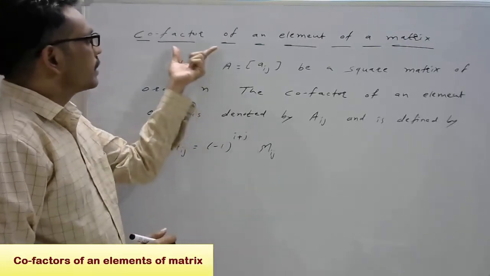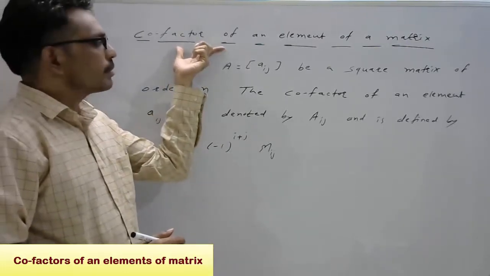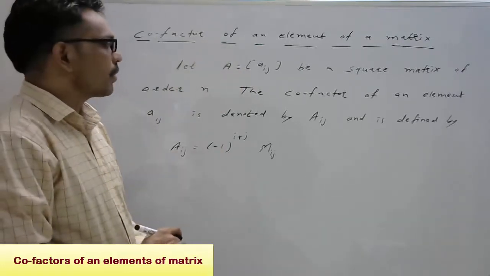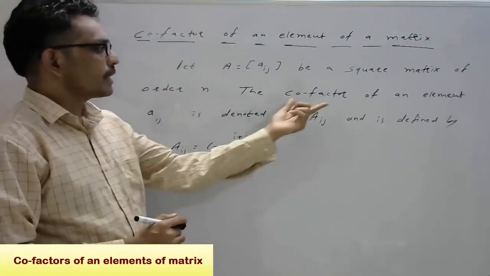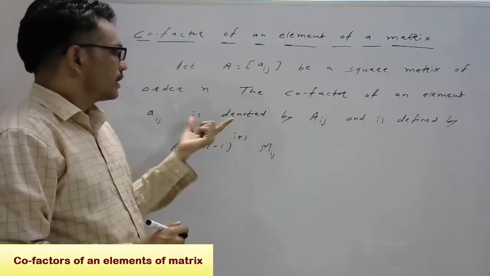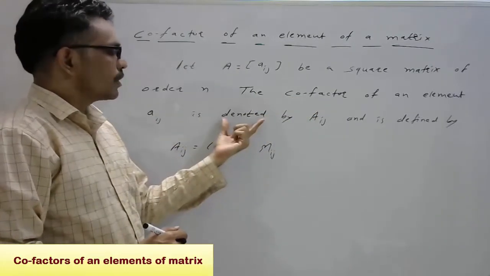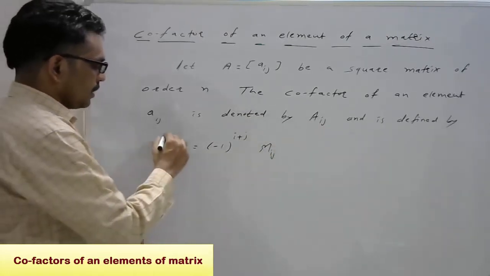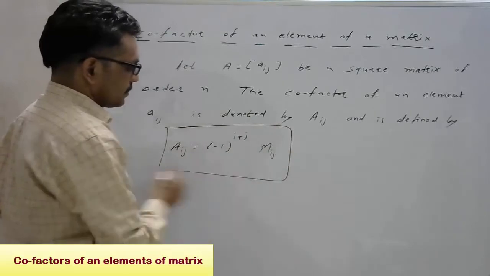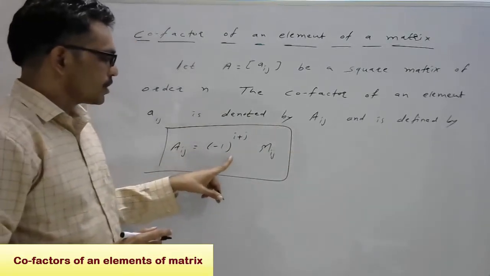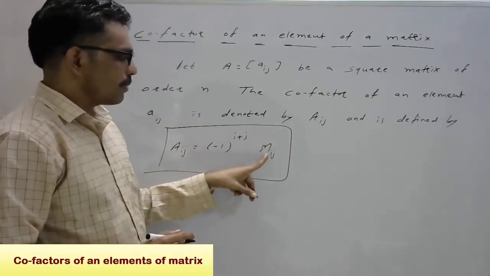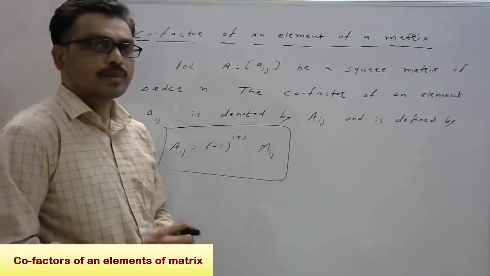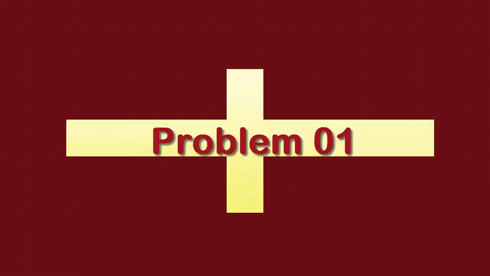Here Mij is the minor of the element of the matrix.